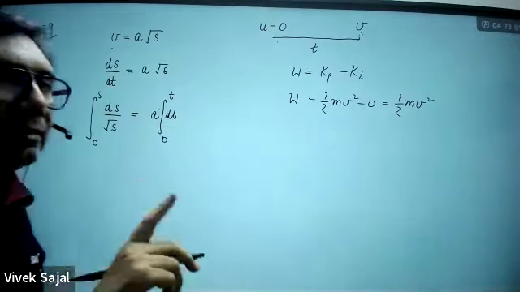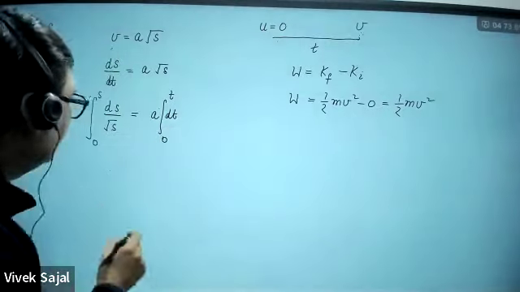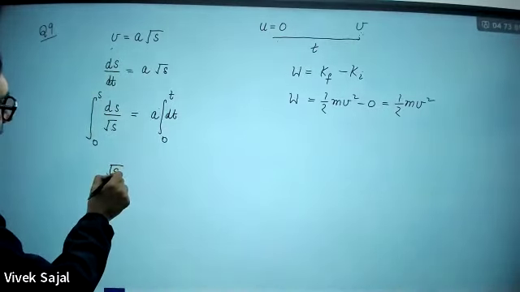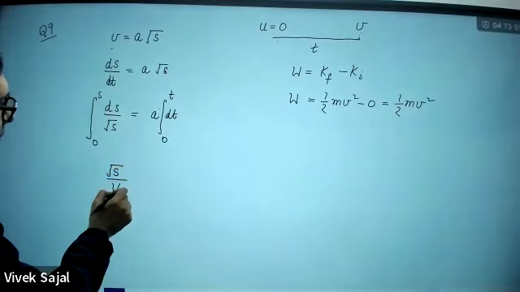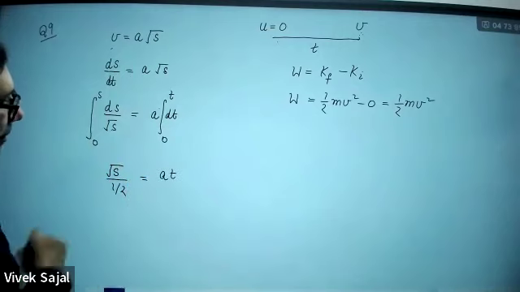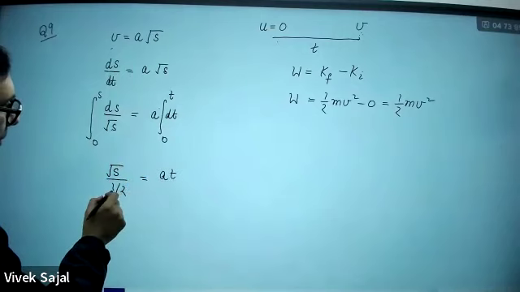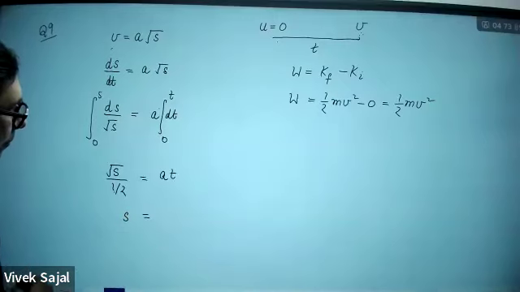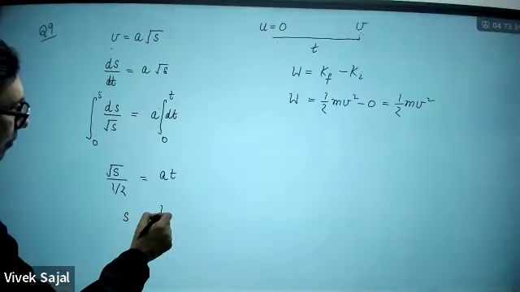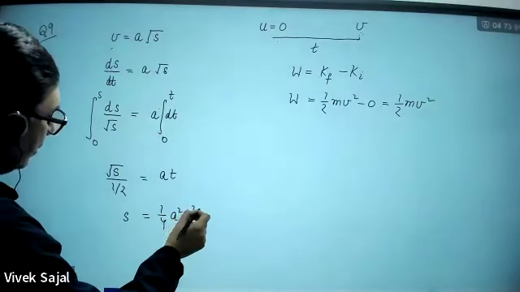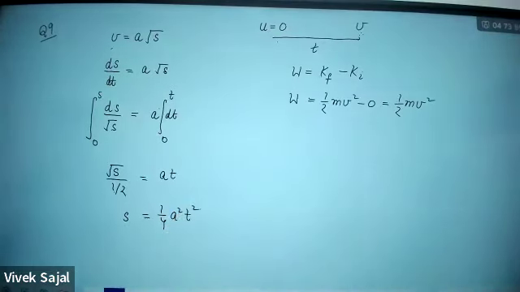Minus 1 by 2 plus 1 will be 1 by 2. So this will be root s divided by 1 by 2 on this side, and this will be a t. I bring it here, so s will be equal to 1 by 4 a square t square. So this is s as a function of time.